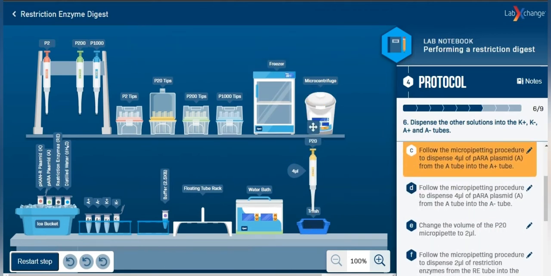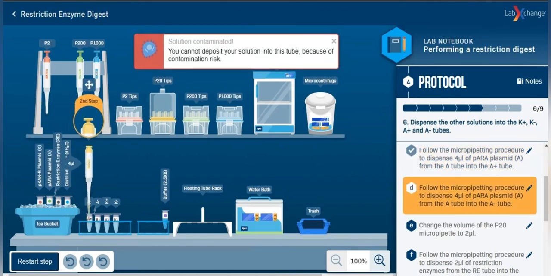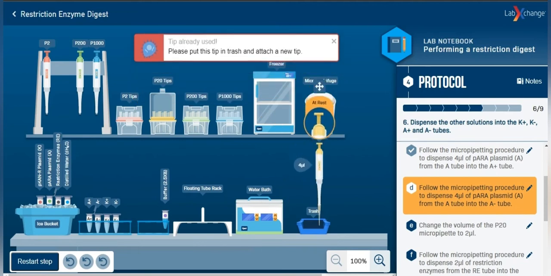Next, follow the micropipetting procedure to dispense 4 microliter of pARA plasmid A from the A tube into the A plus tube. Check the tip.